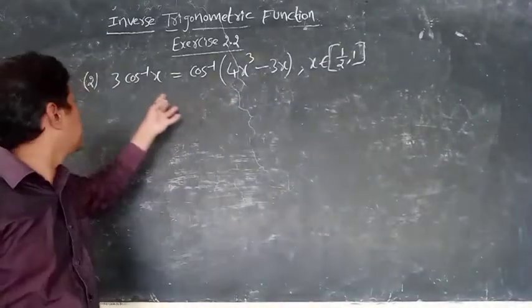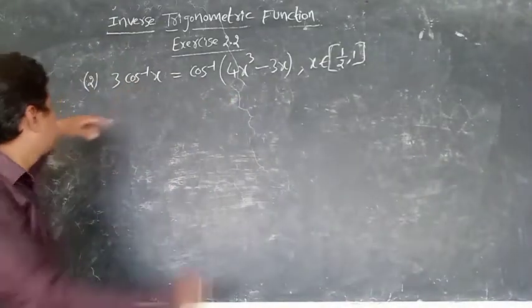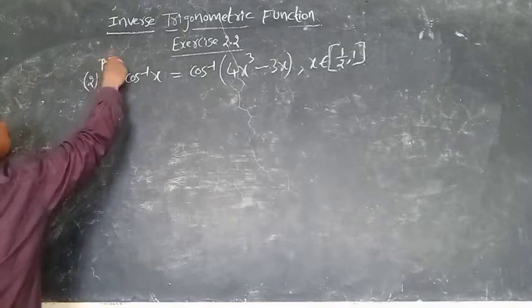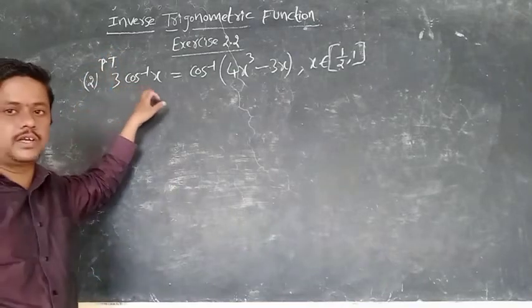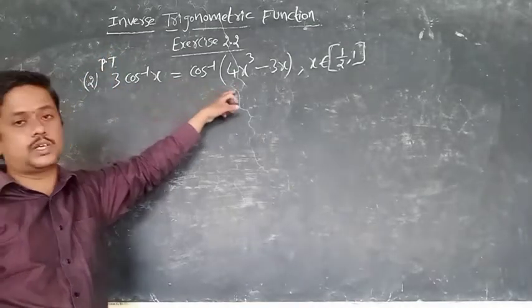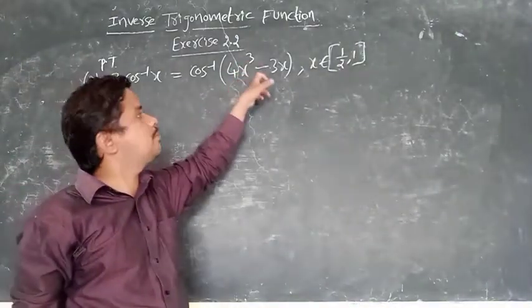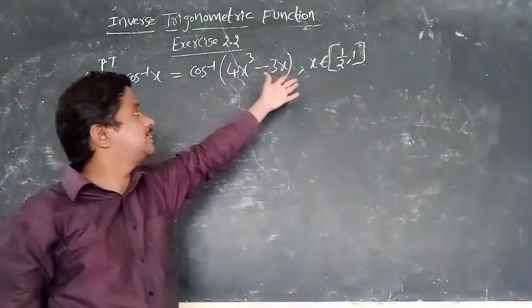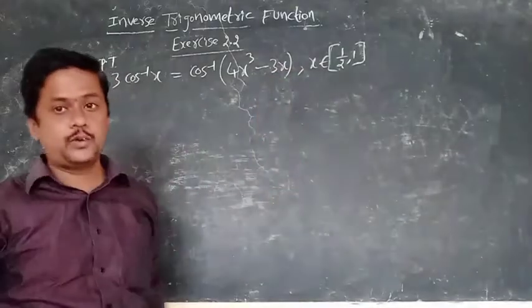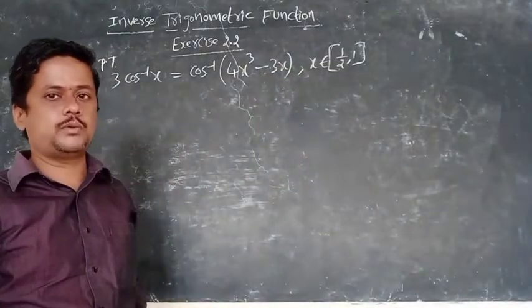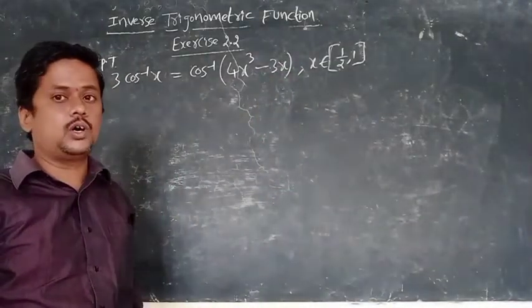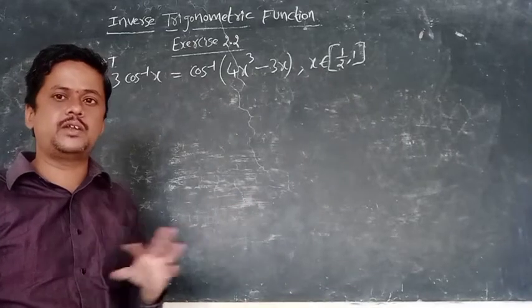Next, the second problem. We have to prove that 3 cos inverse x is equal to cos inverse of (4x cubed minus 3x), where x belongs to the closed interval 1 by 2 to 1. How to prove this? Same procedure you have to follow.